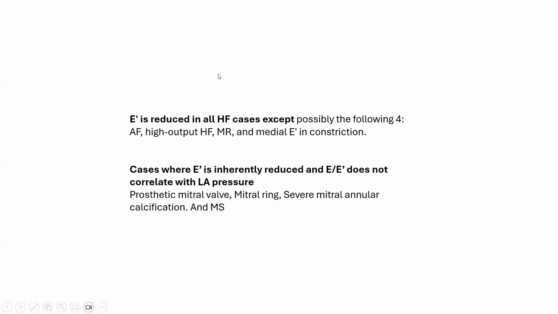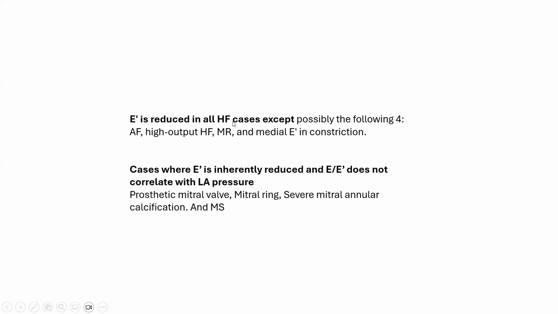Few more tips regarding E prime. Like I said, E prime is reduced in all cases of systolic or diastolic LV dysfunction. It's one of the cornerstones of the echocardiographic definition of LV dysfunction. However, there are some exceptions.